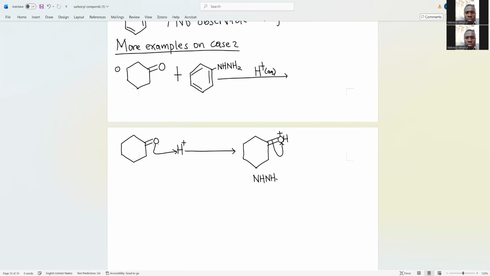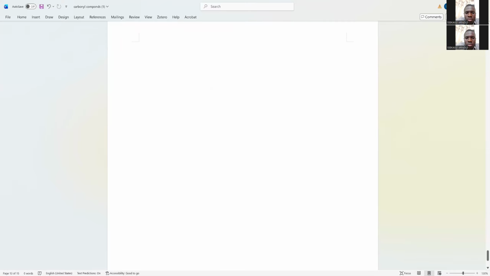But NH2 is electron rich. There are lone pairs of electrons on this nitrogen that can be donated to the electron deficient carbon, like that. So this is what we are having. So therefore, we shall obtain this.